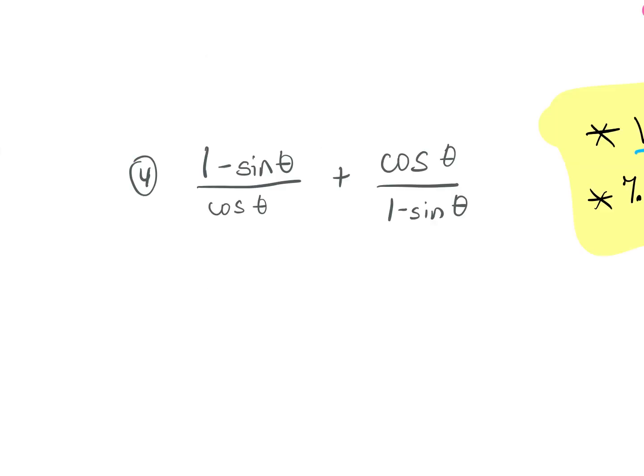All right, let's take a look at 4. So we're simplifying here. We want to combine these just to be one thing. What do we need to add fractions? A common denominator. So a couple different things we could do. We could find a common denominator.